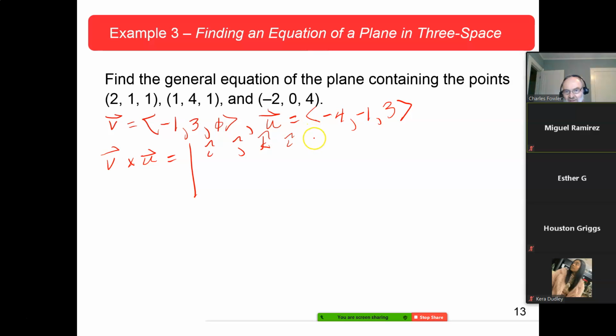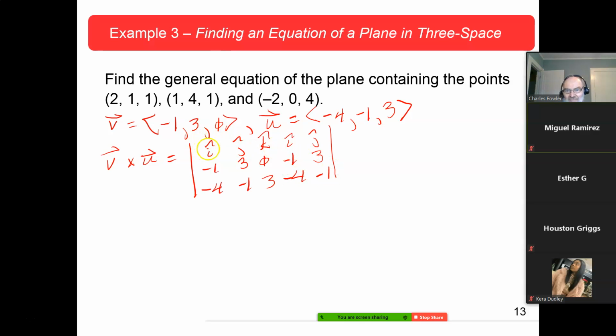Repeat the first 2 columns. Now that's not legitimately a determinant here, but I'm going to draw it as if. And then let's write v here, minus 1, 3, 0, minus 1, 3. Just repeat the first 2 entries. And this will be minus 4, minus 1, 3, minus 4, minus 1.